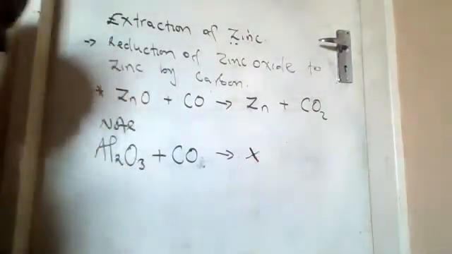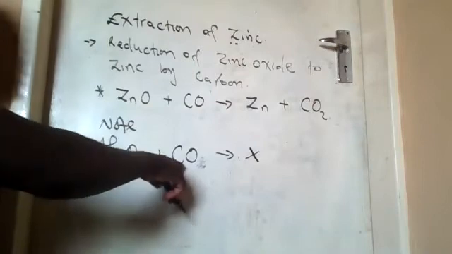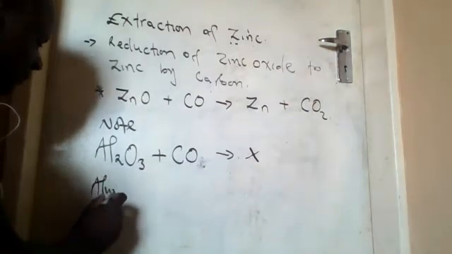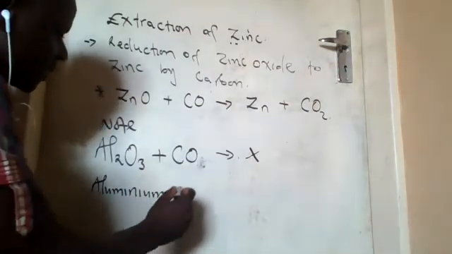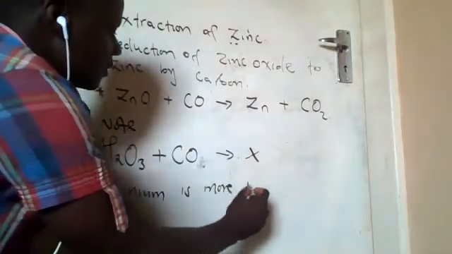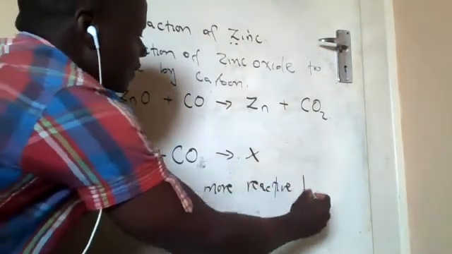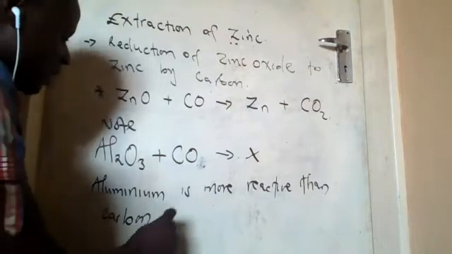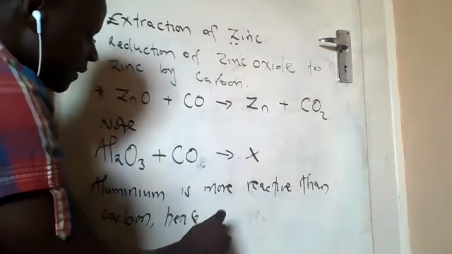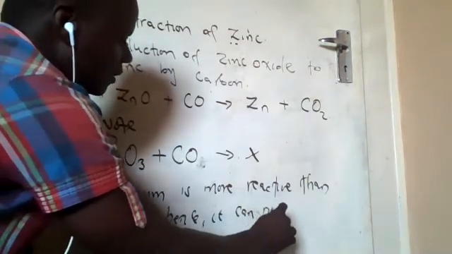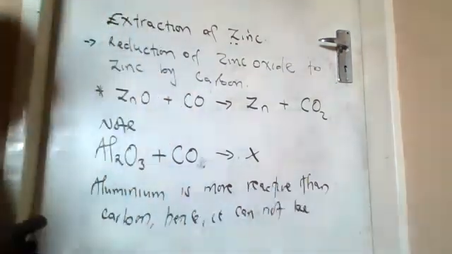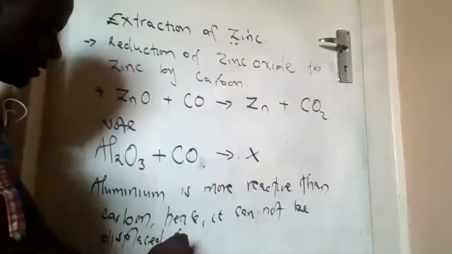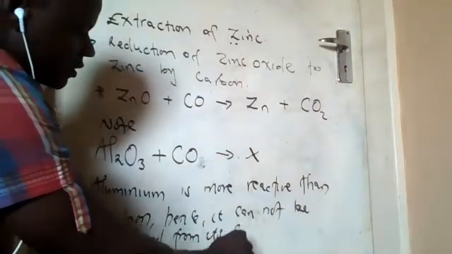So when they ask you a question to say, explain why aluminium cannot be reduced by carbon, it is because aluminium is more reactive than carbon. Hence, it cannot be displaced from its compound.